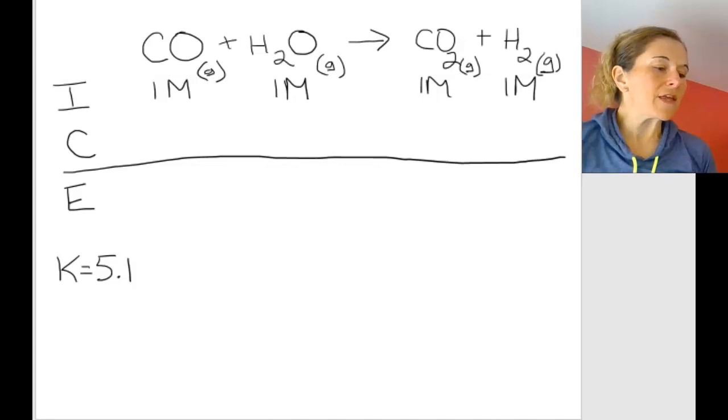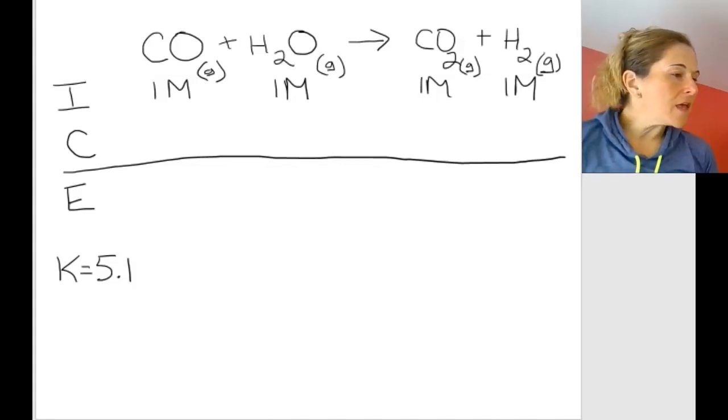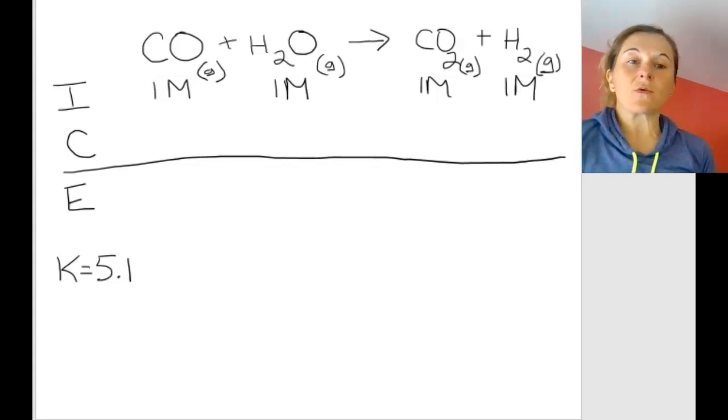We were not given anything at equilibrium, but we were given the equilibrium constant. If we have all of these, then we can figure out Q. So the first thing we're going to figure out is Q. We've got 1 times 1 divided by 1 times 1, so obviously Q is 1.